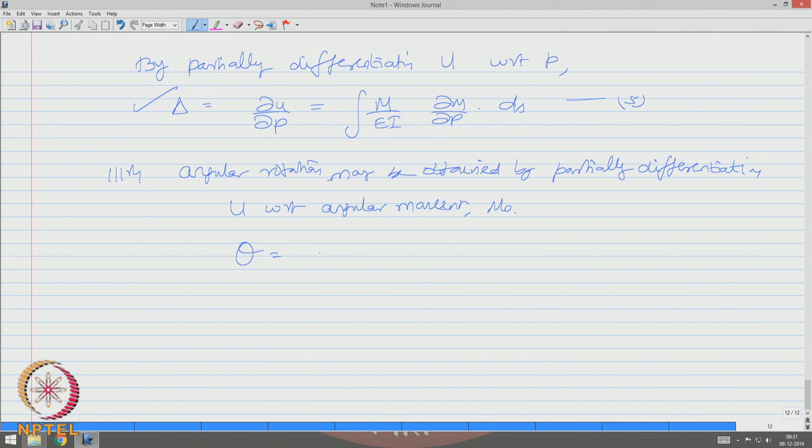So, I get theta, which is dou U by dou M naught, which is integral M by E I dou M by dou M naught of ds.